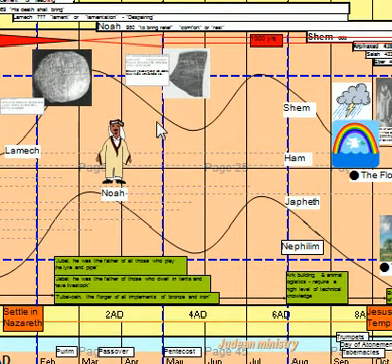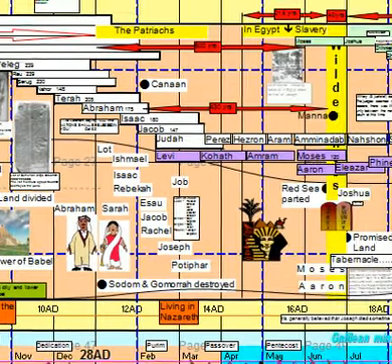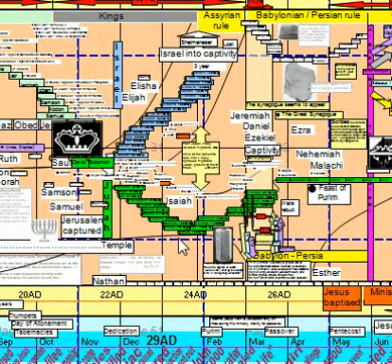Now also, some people have asked, what are these squiggly lines in here? That's my vain attempt to show the meandering journey of Israel with God through the Old Testament, and that's why when you get to around 1000 BC, you see that they divide off into 2 different kingdoms.